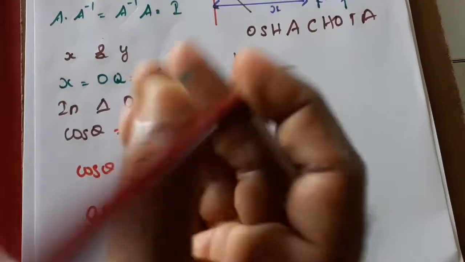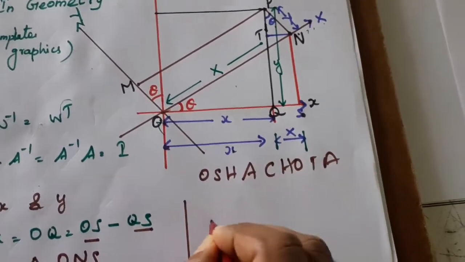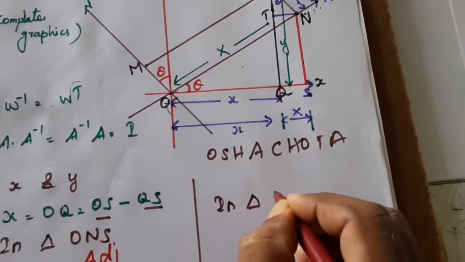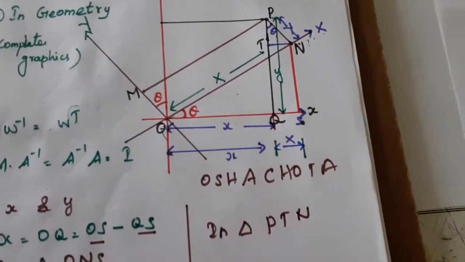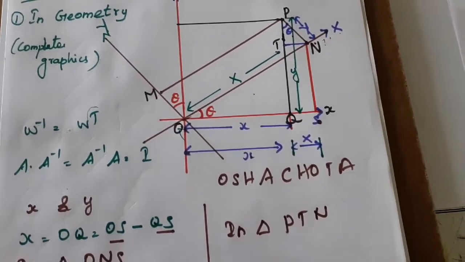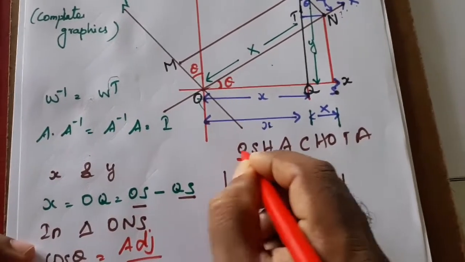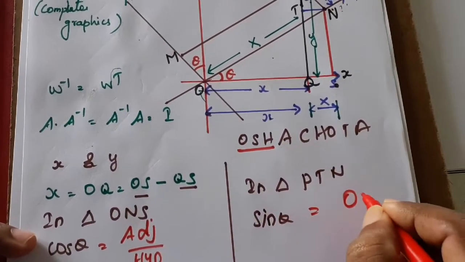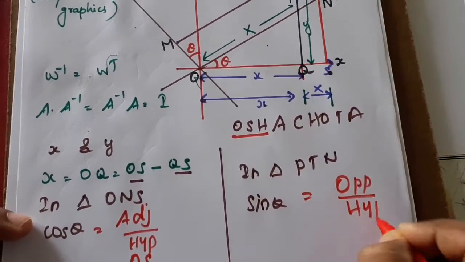Next we need QS. QS is in the small triangle PTN. In triangle PTN, sin theta is opposite divided by hypotenuse.